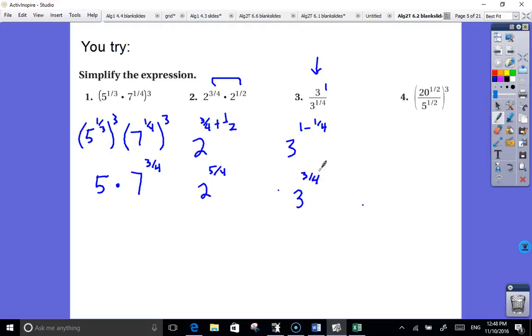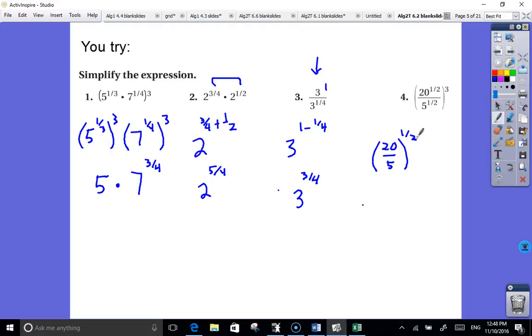Okay. Now, can I combine the 20 and the 5 in the last one? You can't, because they have the same exponent, right? If I write this like 20 over 5, and then outside parentheses I've got the 1/2. Usually when you have something like that, you use the property and distribute the 1/2 to the numerator and denominator. So you can certainly go backwards on that, right?